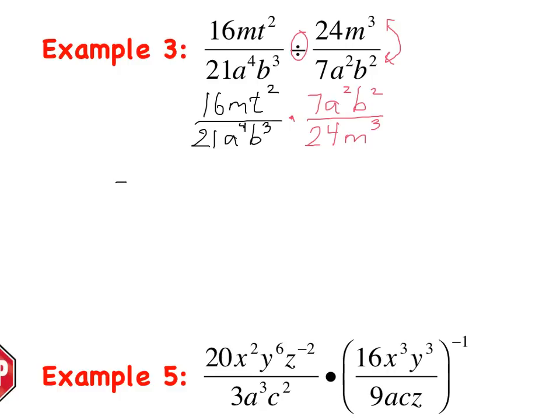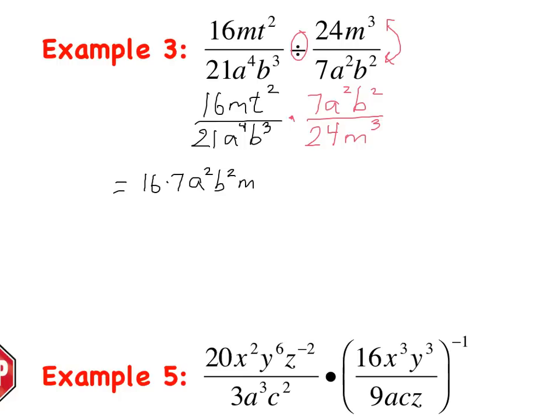Okay, so now we can combine horizontally. And by doing this, I just rewrite my numbers. I don't try and multiply 16 times 7. No need to do that. So I just rewrite it as 16 times 7. And then kind of a rule of thumb, when you're writing out the variables, I typically write them in alphabetical order. So I would write a squared, b squared. I can't combine anything.